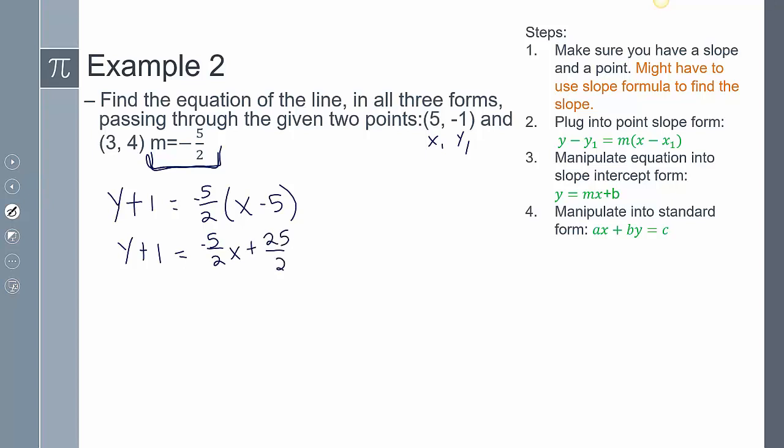So right now, this right here, that's my point slope form, and now I'm already converting it into that slope intercept form. Minus 1 on both sides, so I get y equals negative 5 halves x, and so we said minus, I'm going to say 2 over 2 because of finding the common denominator.